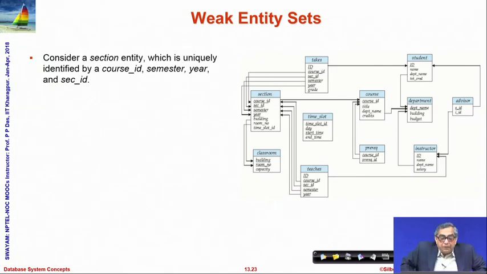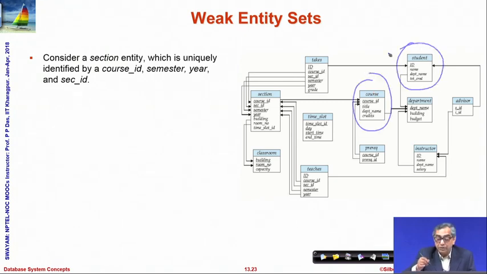Finally, comes the concept of weak entity sets. You need to understand this a little bit. Consider the university database example. So, we have courses, we have students, we have instructors, and we have sections.